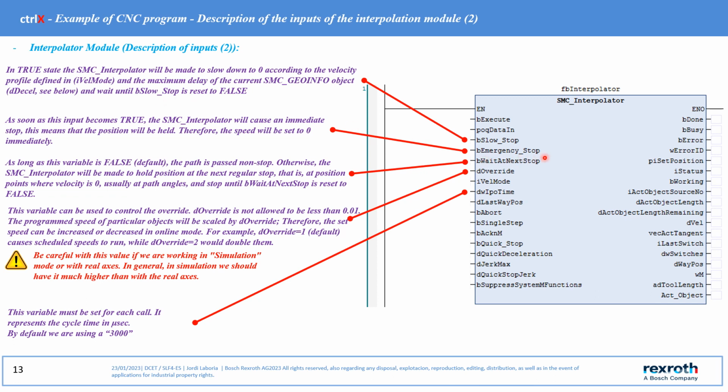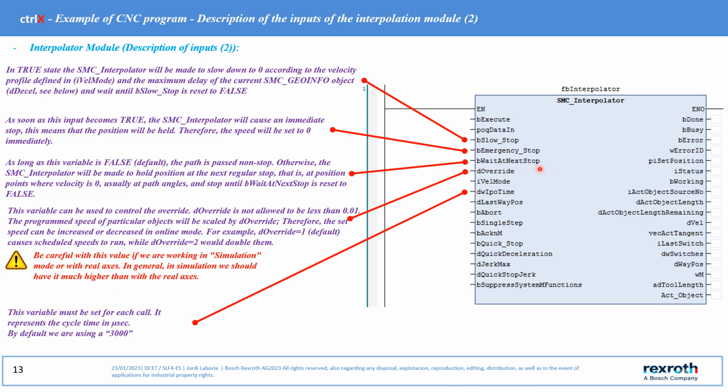B emergency stop: as soon as this input becomes true, the SMC interpolator will cause an immediate stop. This means that the position will halt. Therefore, the speed will be set to 0 immediately.